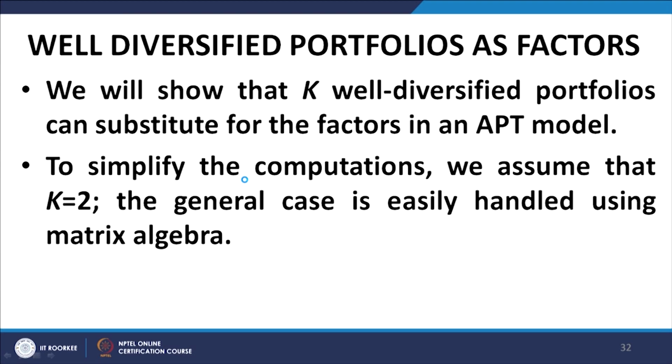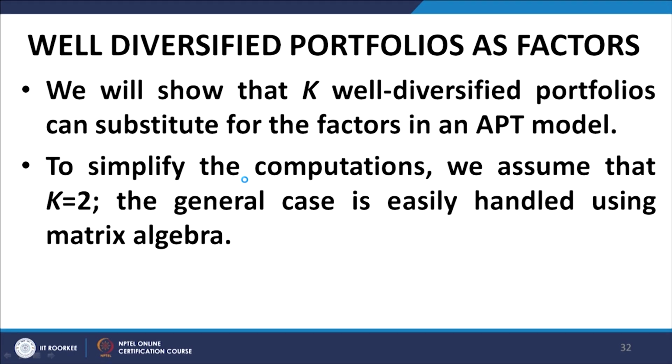Now, we look at a derivation to justify the use of the well diversified portfolios as factors. We algebraically arrive at the justification, a rationale for using the well diversified portfolios as risk factors in the APT model.